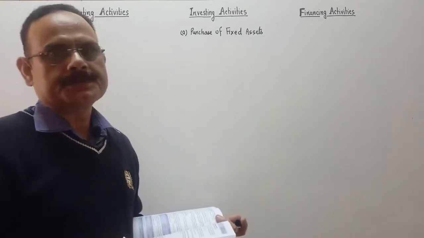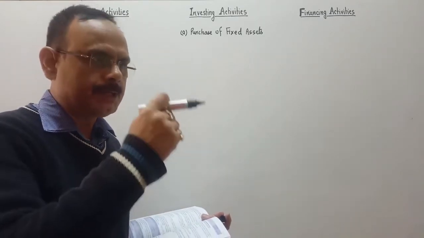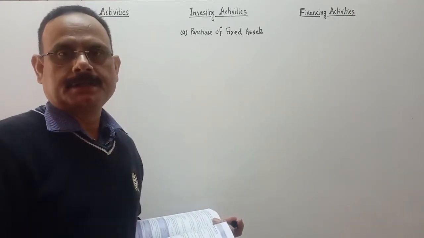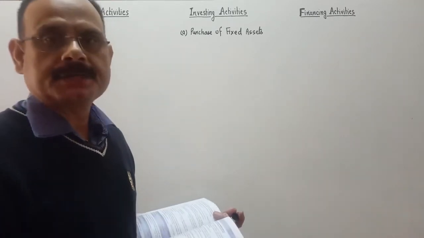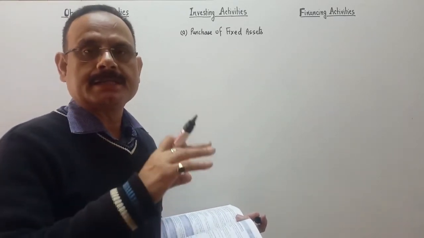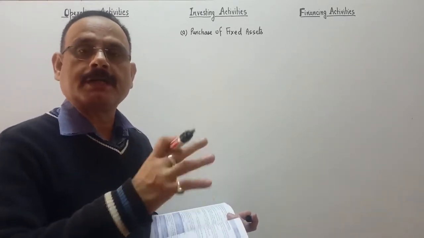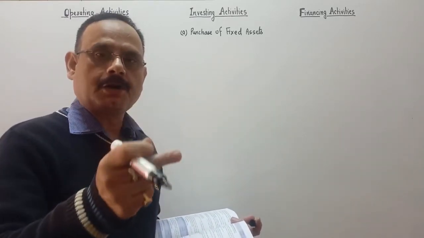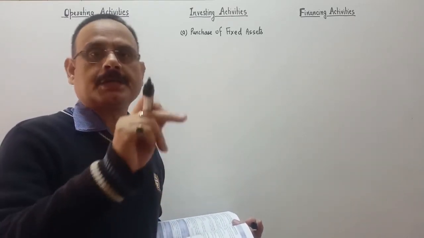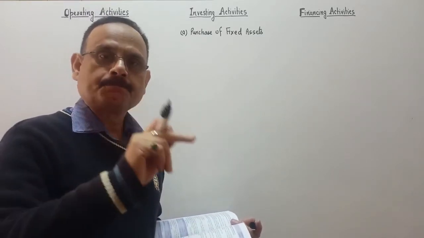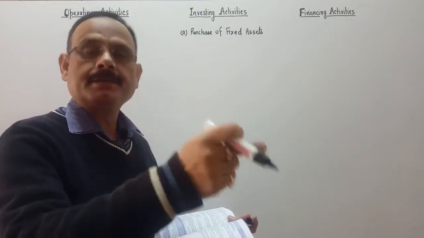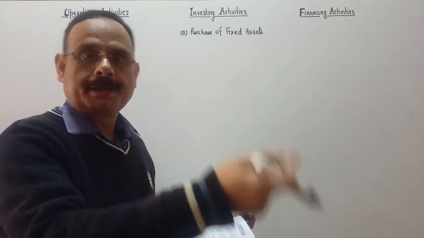B is issue of share. When the company issues the shares, it comes under financing activities, because you know the definition of financing activities: change in the size and composition of owner's capital and borrowed capital, plus dividend paid, interest paid.